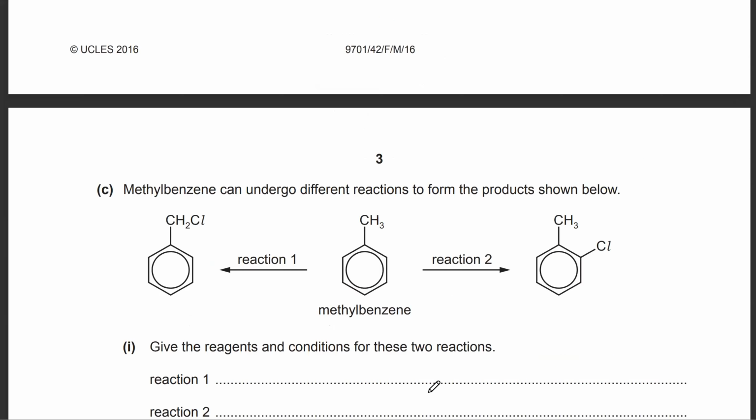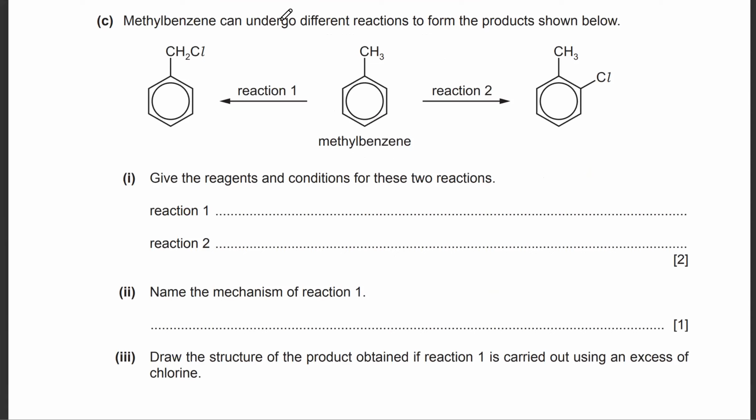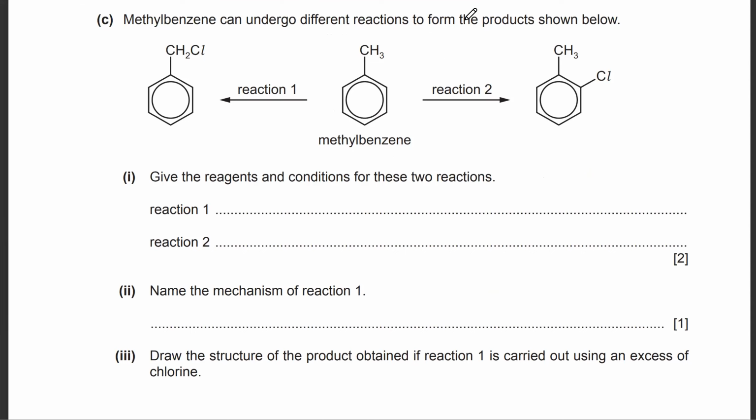Now coming back to this, he's saying methyl benzene can undergo different reactions to form the products shown. The first one, reaction number 1, is Cl in the carbon chain. How do you put a Cl in the carbon chain?